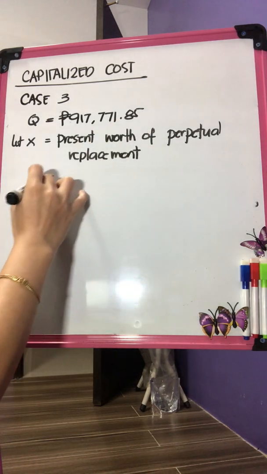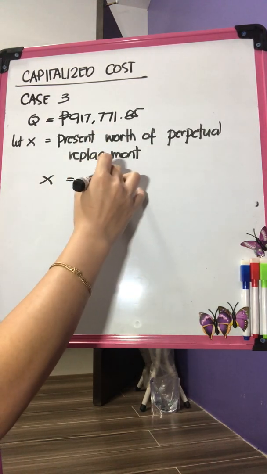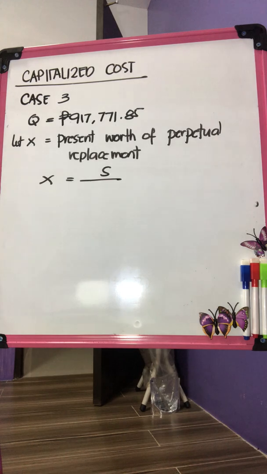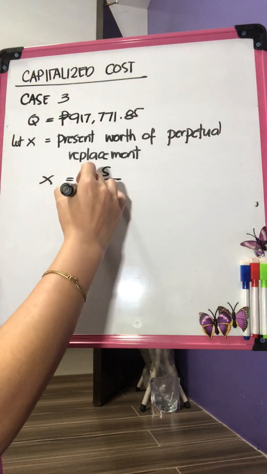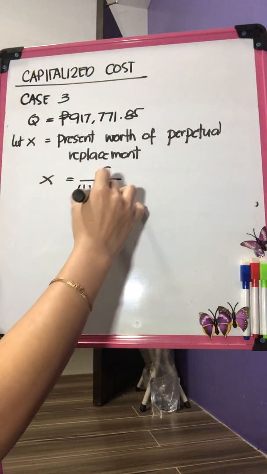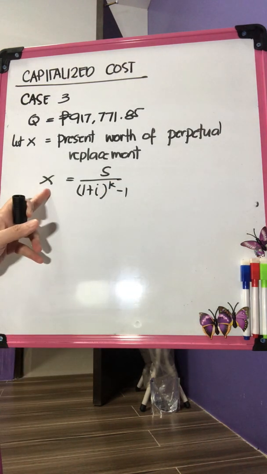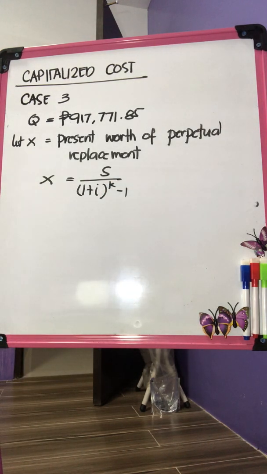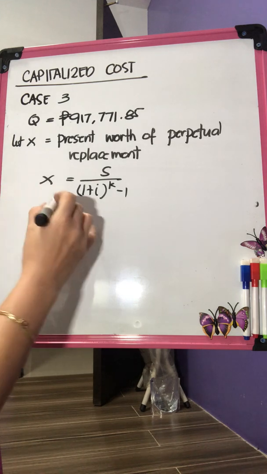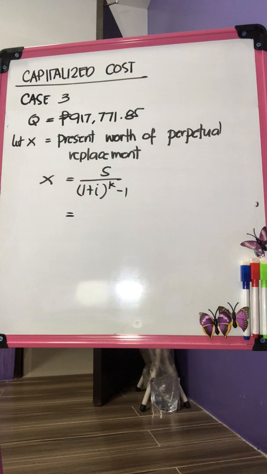So di ba meron tayong formula for X? Di ba that is equal to S all over (1 plus i) raised to K minus 1. Okay? So ito yung ginagamit nating formula para ma-determine natin yung para sa replacement. So substitute natin yung S, direct substitution na to, yung 500,000.